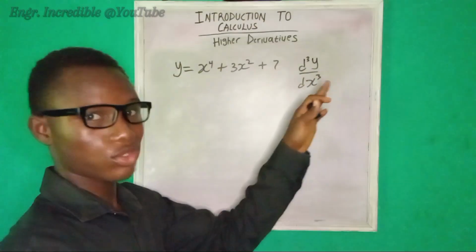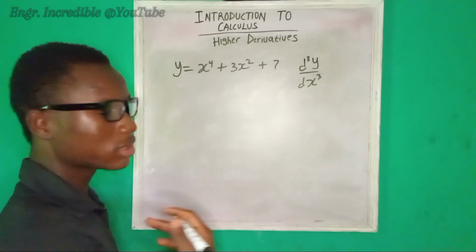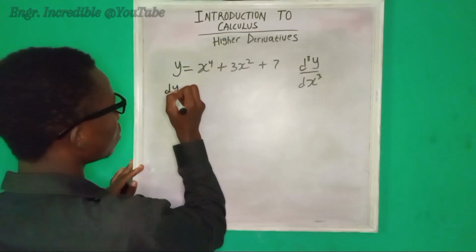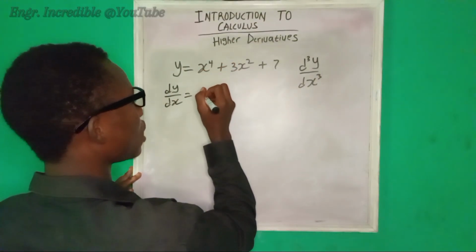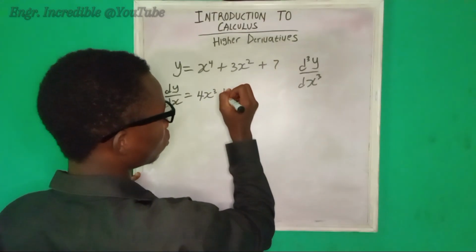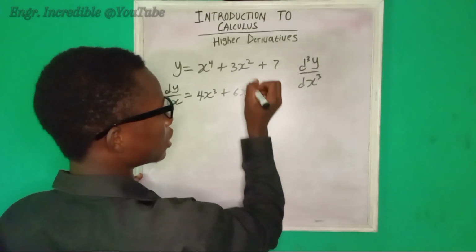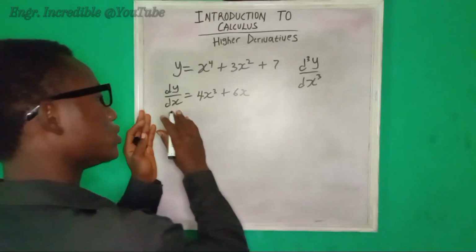This is what we are asked to look for. So first of all, we have to find dy/dx. Differentiating this, we have 4x³ plus 6x plus 0, which will be omitted. So we have our dy/dx.